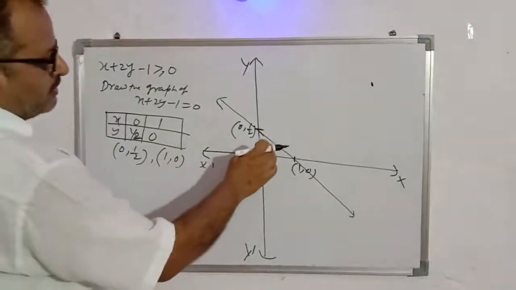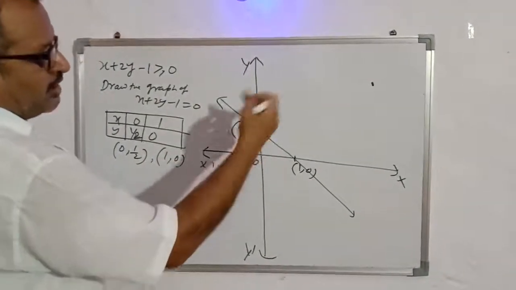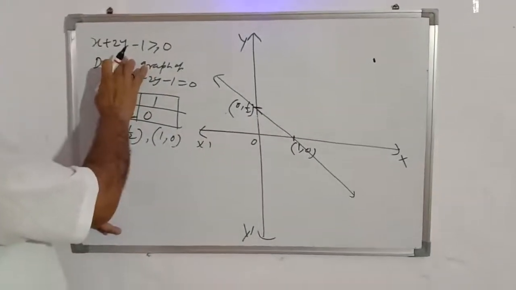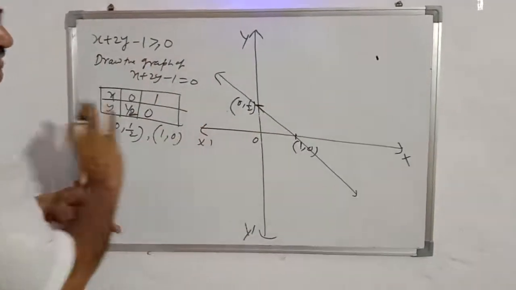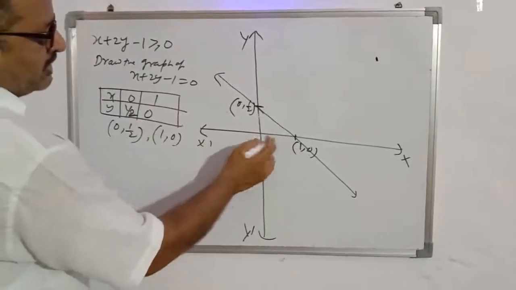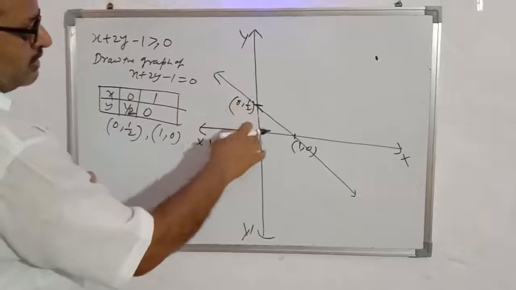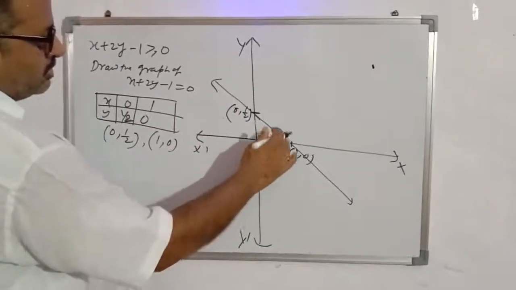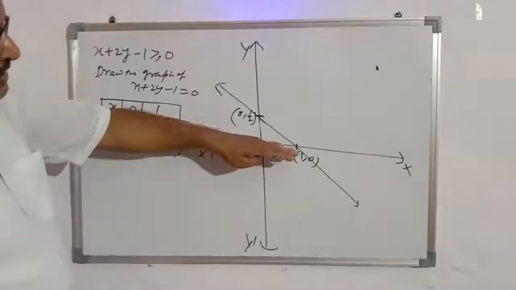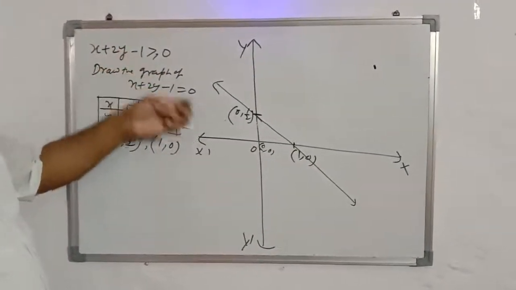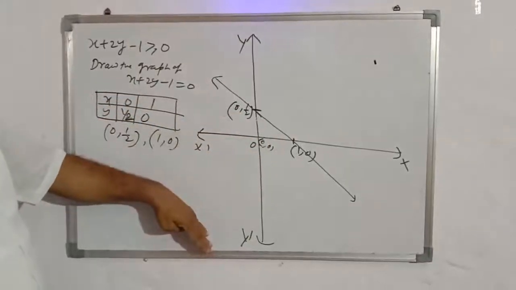We will take one point in either the lower region or the upper region. If that point satisfies the given inequation, that region will be our solution. See here, the origin, with coordinates 0, 0, lies in the region below the line. If the origin satisfies this inequation, the lower region will be our solution.